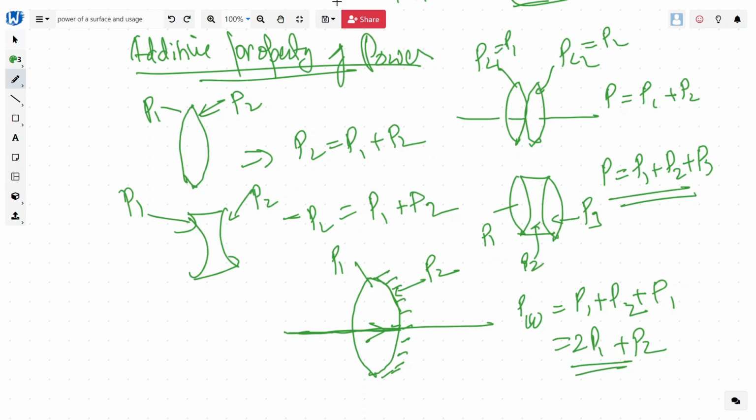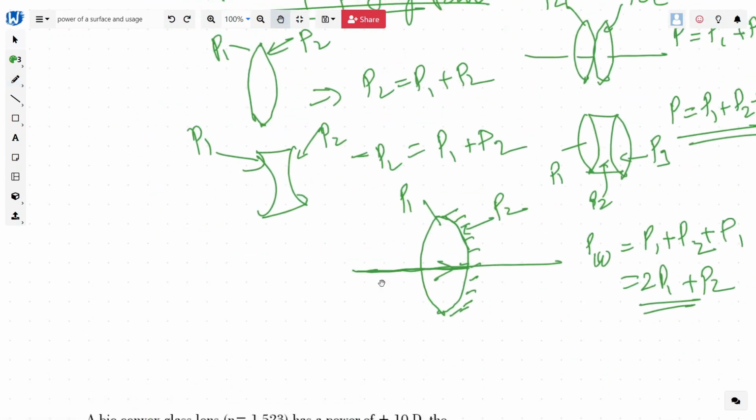Now similarly, we have a convex one right now, so if we have a concave lens, this part is inward, power p1, this mirror is power p2. A ray of light is coming like this, then interaction at p2, and then again passes through the lens p1.